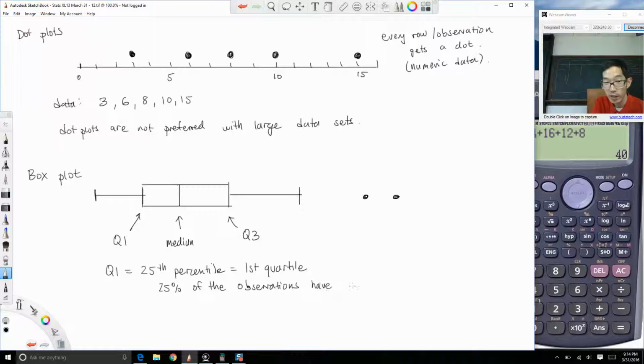And so Q3, what will that be equivalent to? The 75th percentile, meaning 75% of the data have values smaller than the third quartile.